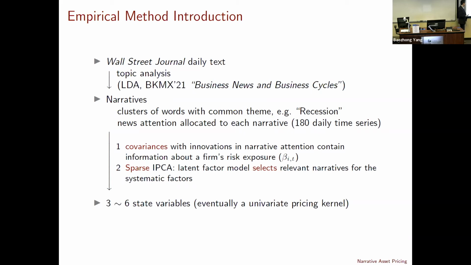So I need selection. In this second step, we use an upgrade to the IPCA method that we mentioned before. We put sparsity into IPCA. So now it's a latent factor model that can select relevant narratives to figure out what the betas, the risk exposures, are, and at the same time estimate those systematic factors.